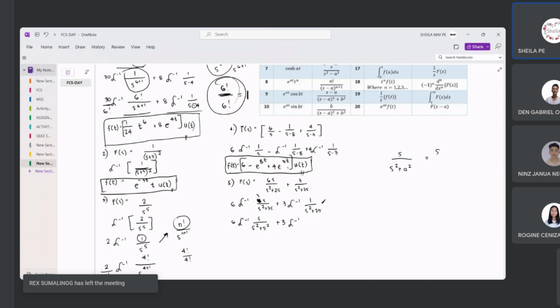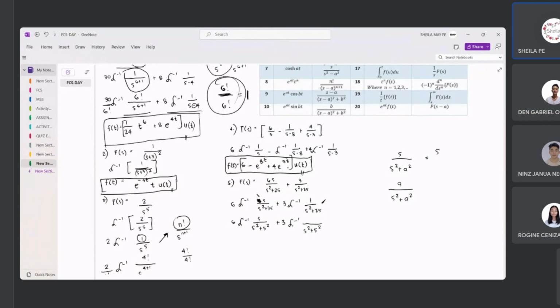Now looking at the numerator constant, we can also remember the formula a over s squared plus a squared. Given our a squared is 25, a is 5. Okay, sakto ang ato ang denominator, s squared plus 5 squared.